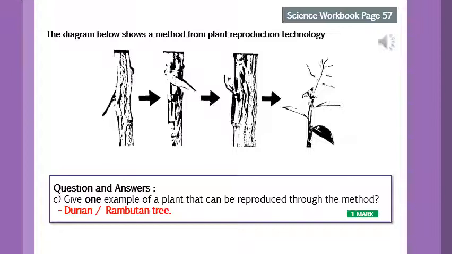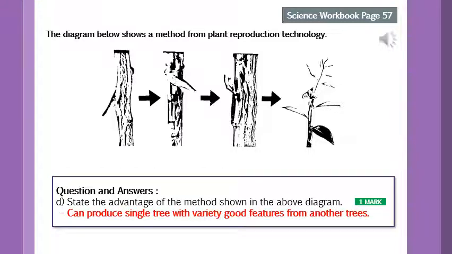Okay, mango also can, and the other plants also can, but I choose durian or rambutan here. You don't have to write durian slash rambutan, only write one, because there is only one mark.